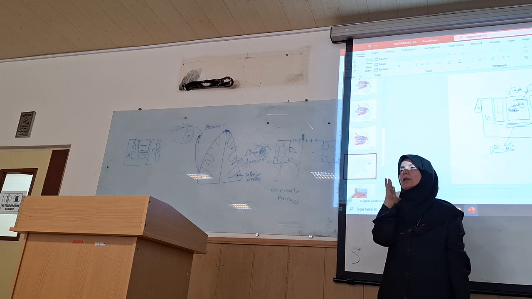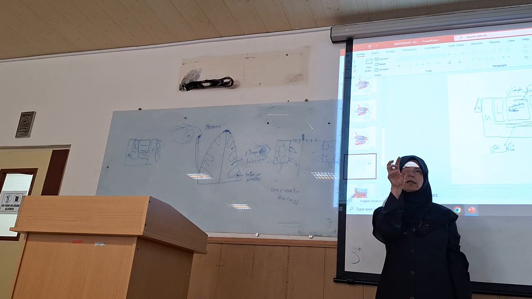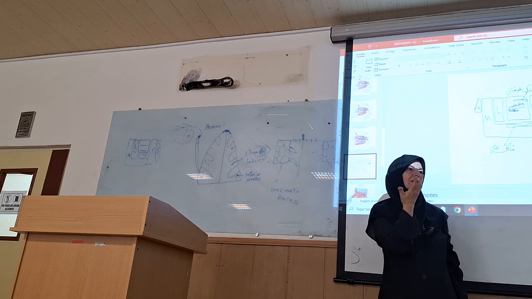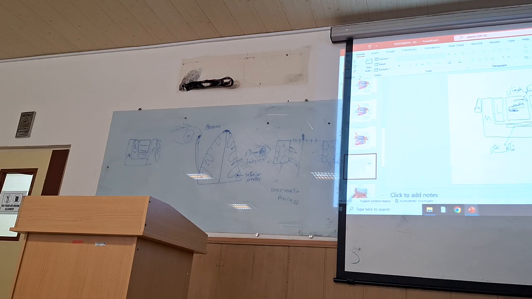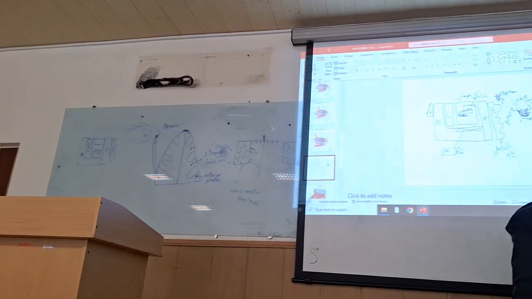The sphenoid has a body and a pterygoid process. This pterygoid process consists of two plates, medial plate and lateral plate. The medial plate of the pterygoid process, which belongs to the sphenoid, participates to form the lateral surface of the nasal cavity.